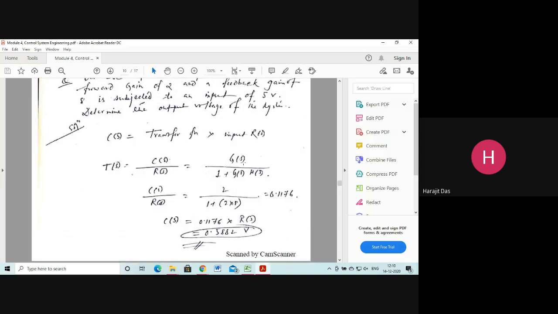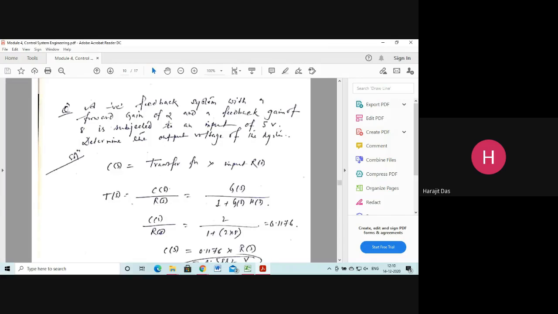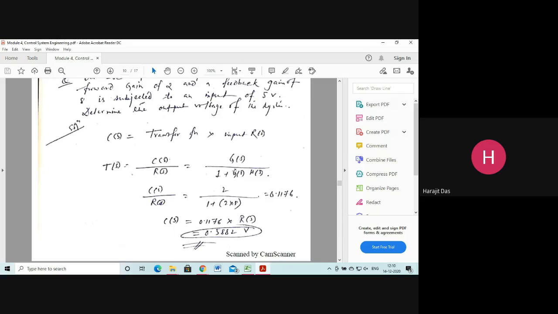G of S is given as 2, feedback H of S is given as 8. In this formula you can put the values of the forward path and feedback path gain, and R of S is given as 5 volt. So you can find out C of S, the output signal in the S domain.